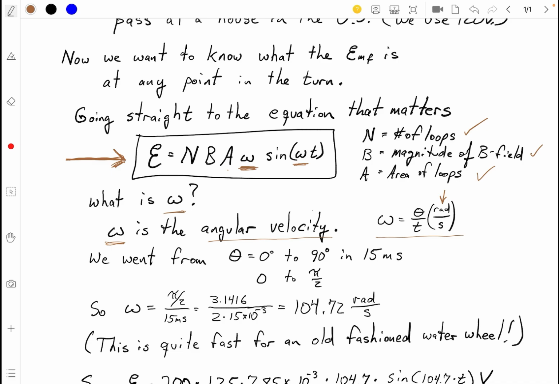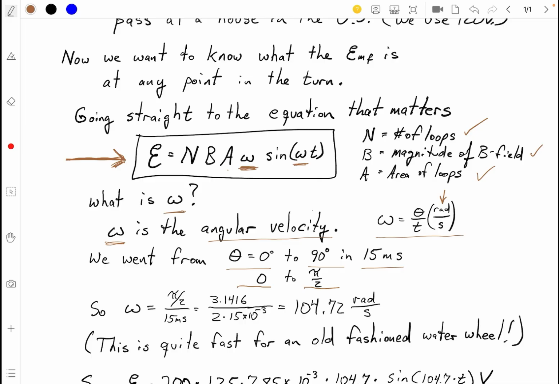So we went from here to here in this amount of time. So should we be able to figure out what our omega is? Yes. But we want radians. So 0 radians is 0 degrees. Pi over 2 radians is 90 degrees. So we're going to do pi over 2.